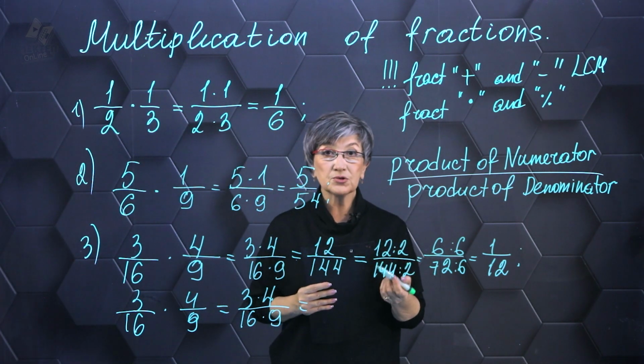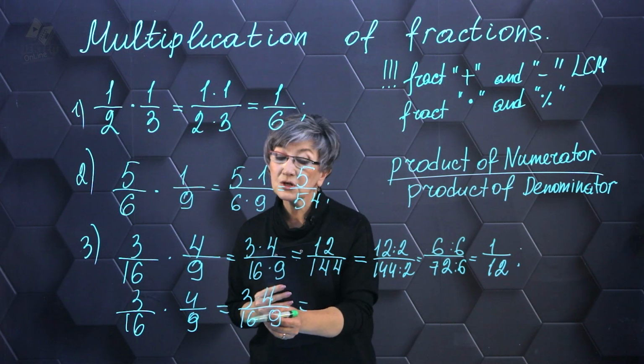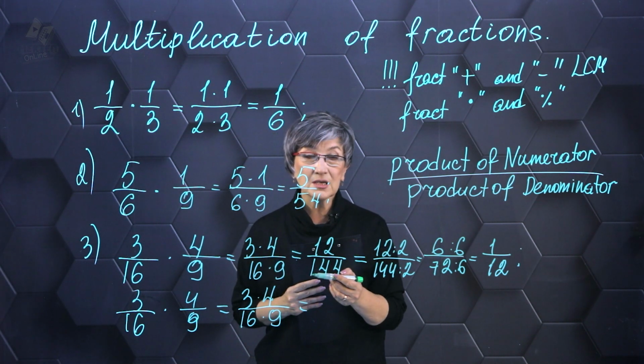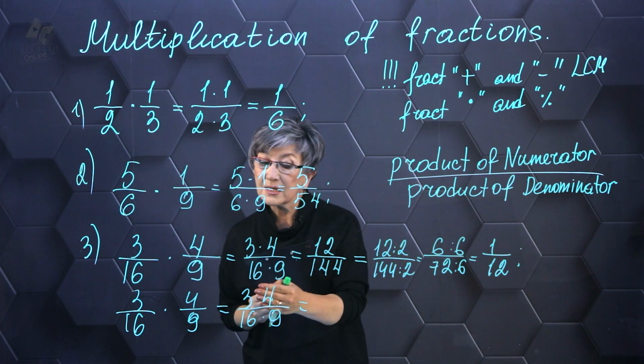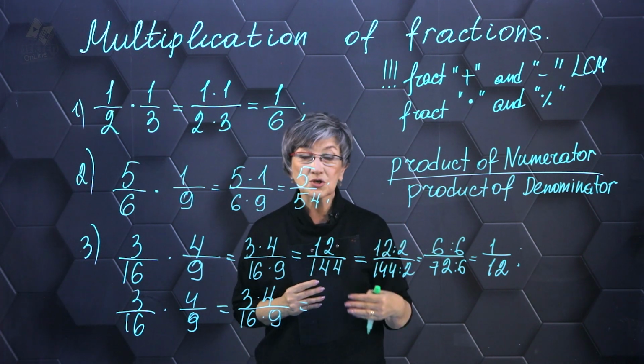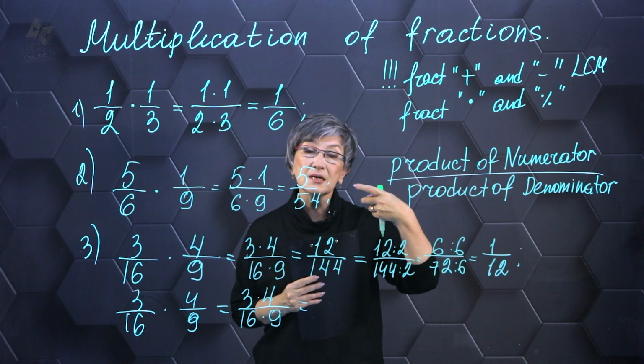3 I multiply by 4 and 16 I multiply by 9. But what's unusual about this case? I'm not going to, guys, multiply 3 by 4 and 16 by 9. What am I going to do? I'm going to see if I can reduce the numerators and denominators right away. We'll reduce them in pairs.